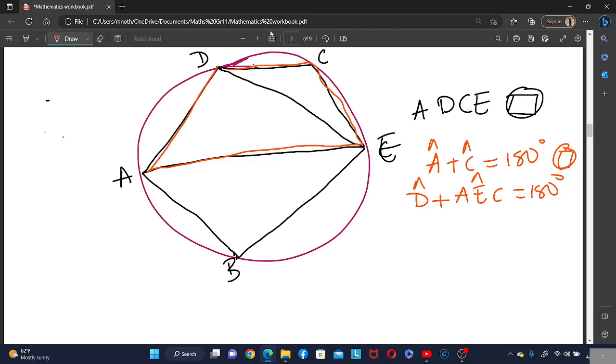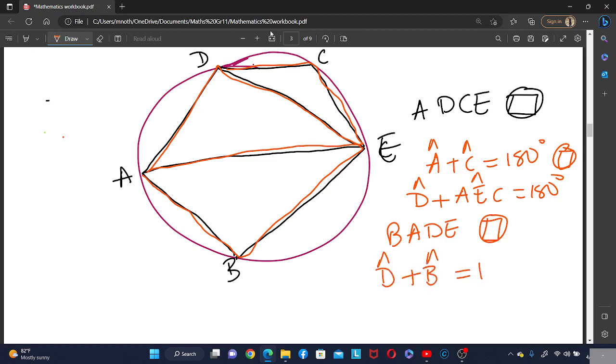We also have a cyclic quad B, A, D, E. This is a cyclic quad because it also touches a circle 4 times, meaning that we can say that angle D plus angle B is equal to 180 degrees.